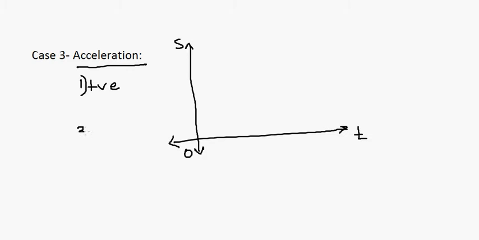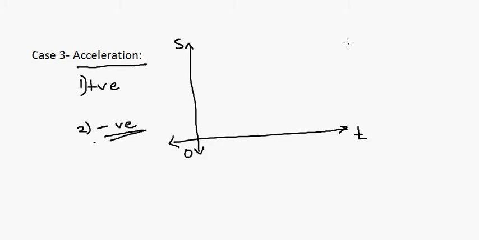If the acceleration is negative, that means velocity is decreasing with time. There's some resistance to the velocity, in the direction opposite to the velocity. That means the acceleration is negative.